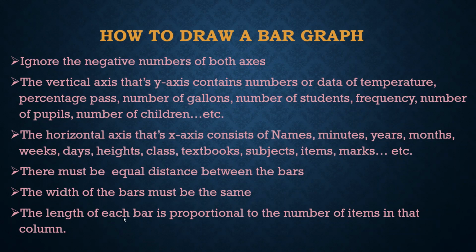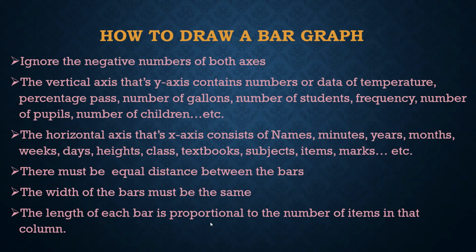The length of each bar is proportional to the number of items in that column. So the height of the bars must correspond to the number of items in that column. If it is 10 in height, let it be 10. If it is 2 in height, let it be 2.